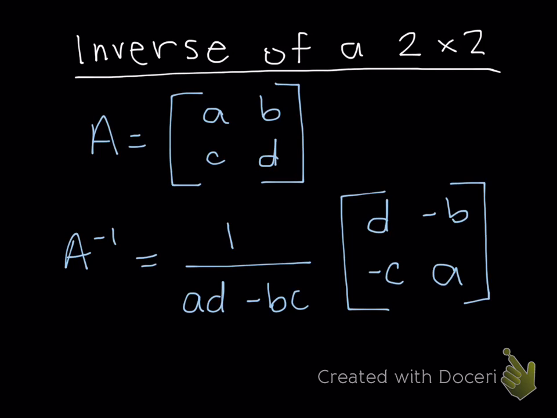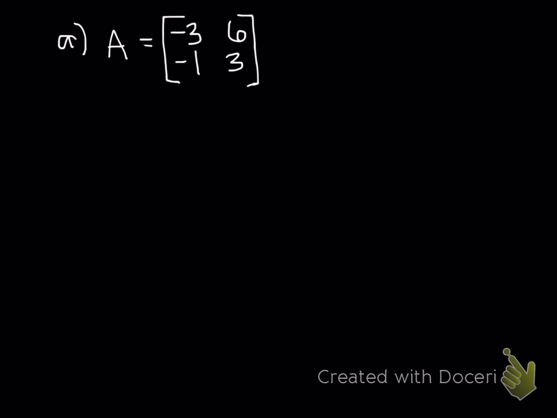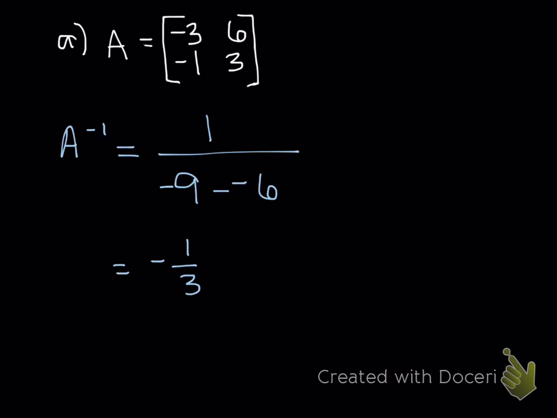So let's go ahead and try those 2 example problems. So here I have matrix A. So to find the inverse, again, we put that fraction out front. So it's A times D, which is negative 9, minus negative 6. So double negative turns into a plus, so I get negative 1/3 out front.